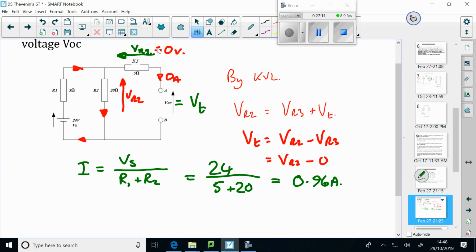And then from that we can say therefore VR2 is equal to V little t, Thevenin's.